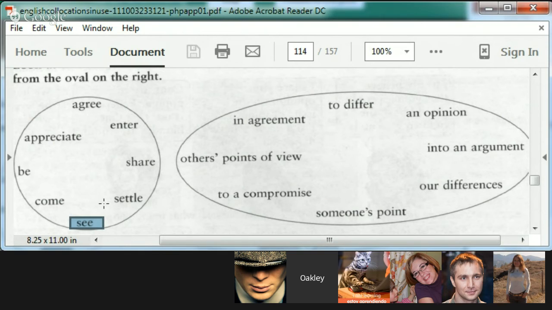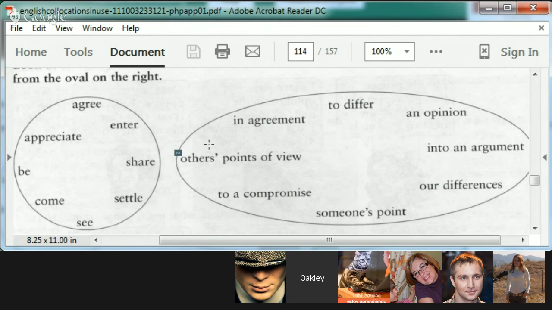Lena, see. See someone's point, for example. Yeah, you can see someone's point. I don't know if I can say see our differences. Kind of.